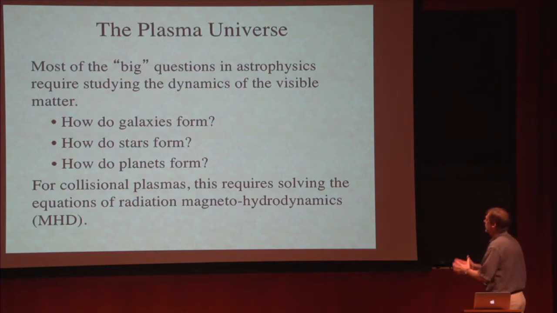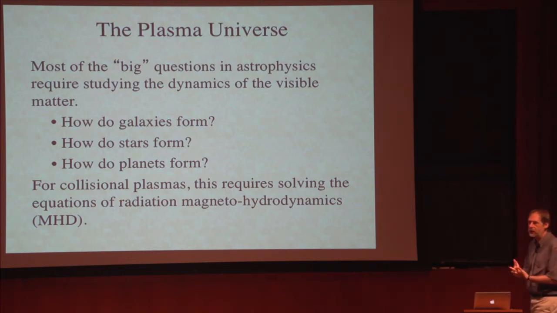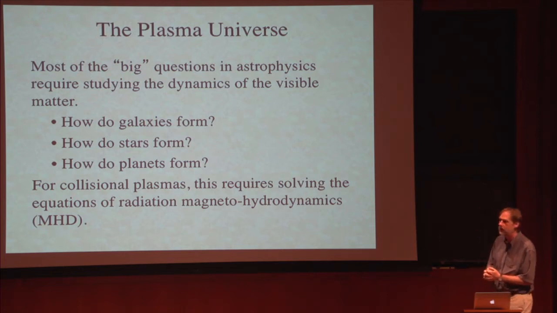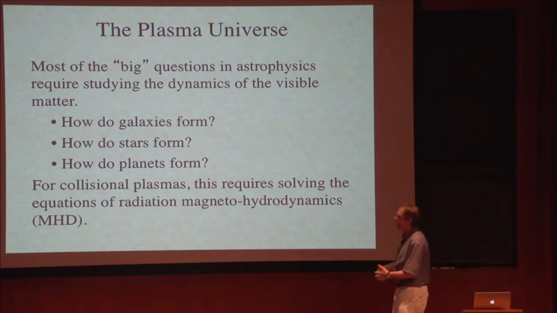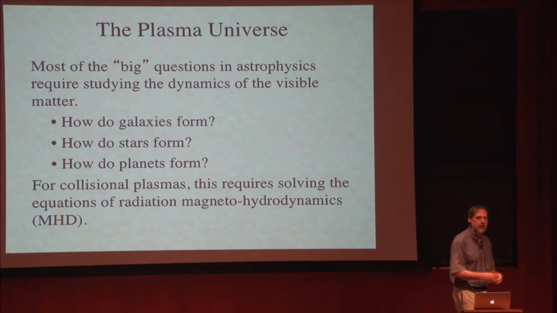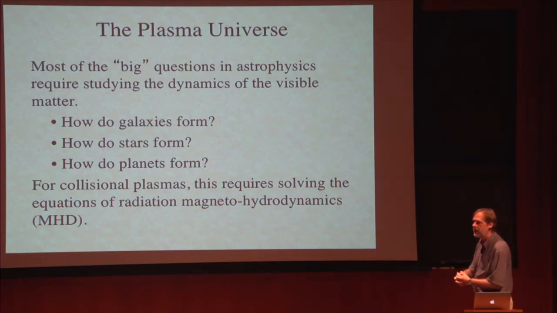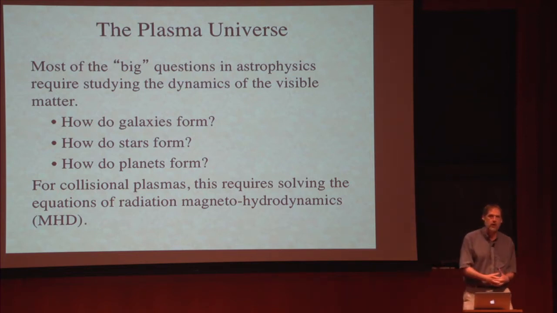So why are we all here? Why are you interested in doing astrophysical MHD? Well, because I think many of the most interesting and pressing problems in astrophysics require us to model the structure and dynamics of plasmas. Because most of the big questions, how do galaxies form? That's a problem in plasma dynamics. How do baryons collect in the gravitational potential of dark matter and turn into stars? How do stars form, either in the Milky Way or in the early universe?